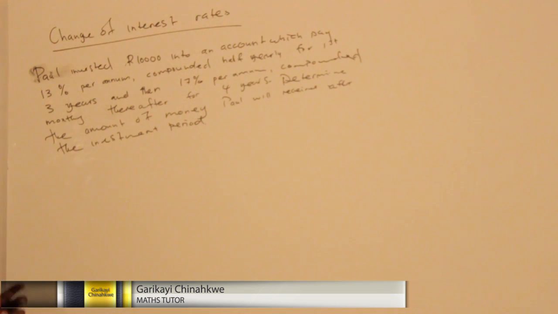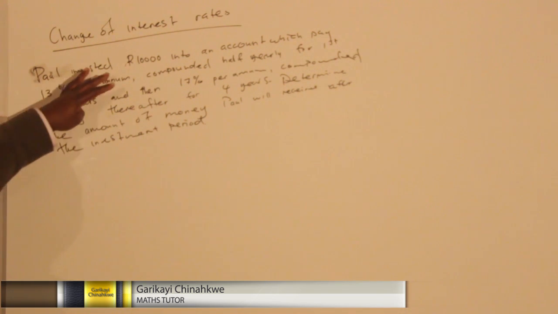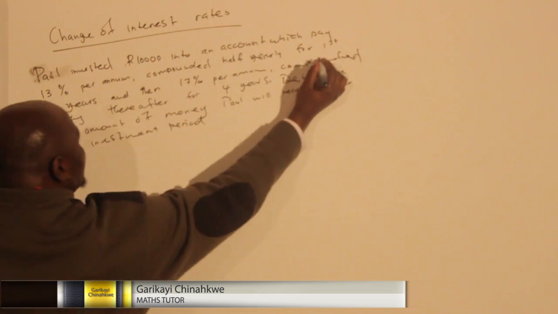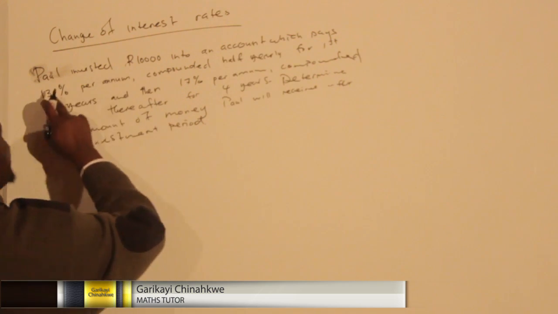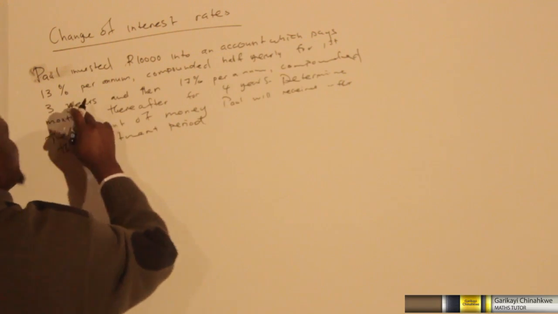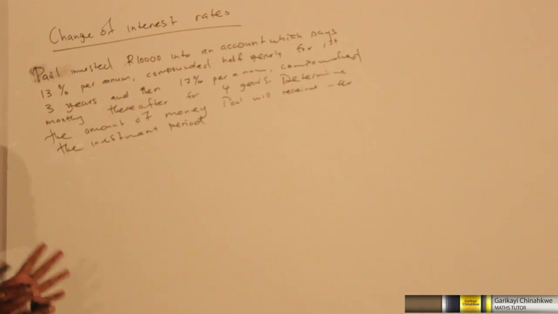Okay, let me just read this. Paul invested 10,000 into an account which pays 13% per annum, compounded half-yearly for the first 3 years, then 17% per annum compounded monthly thereafter for 4 years. All right.